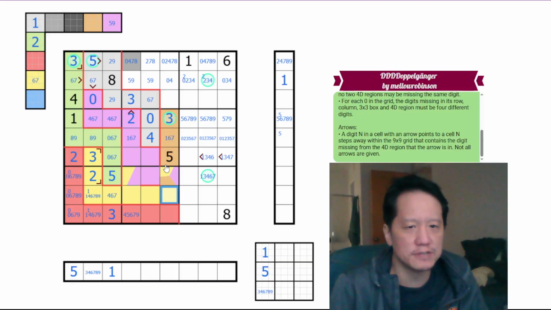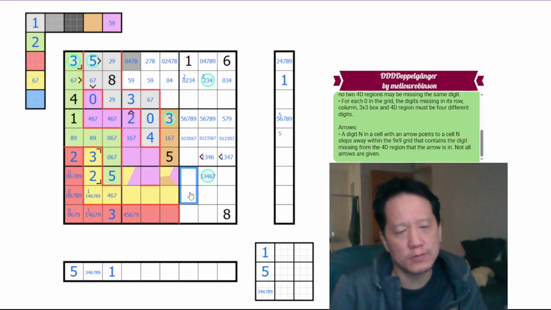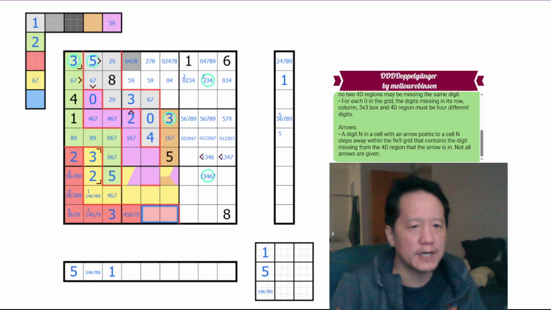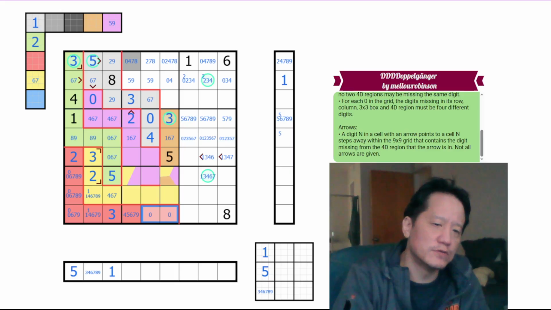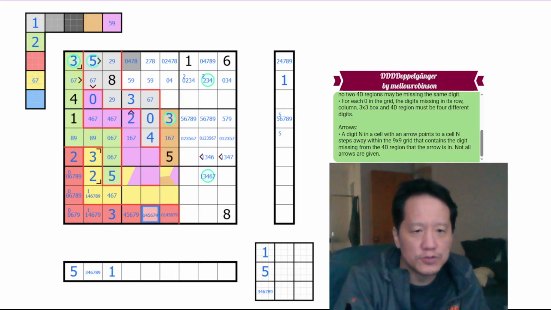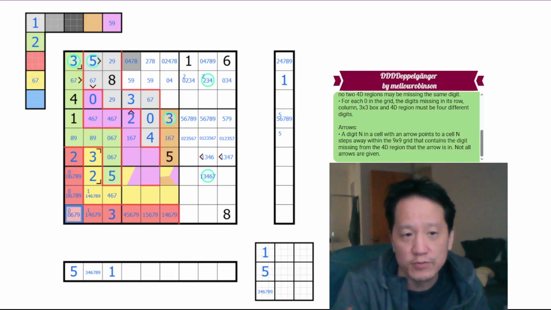Yellow still needs a 0, but it could be here. None of these are 0. So remaining digits in red have to be 0, 1, 4, 5, 6, 7, or 9. No 0, 4 here, no 5. We can't have a 0 because we already have a 0 in the red region.